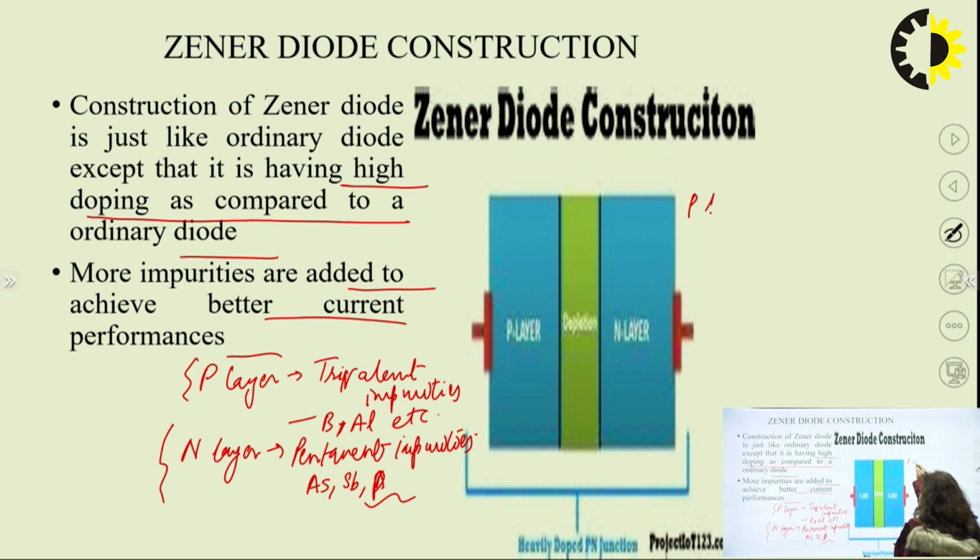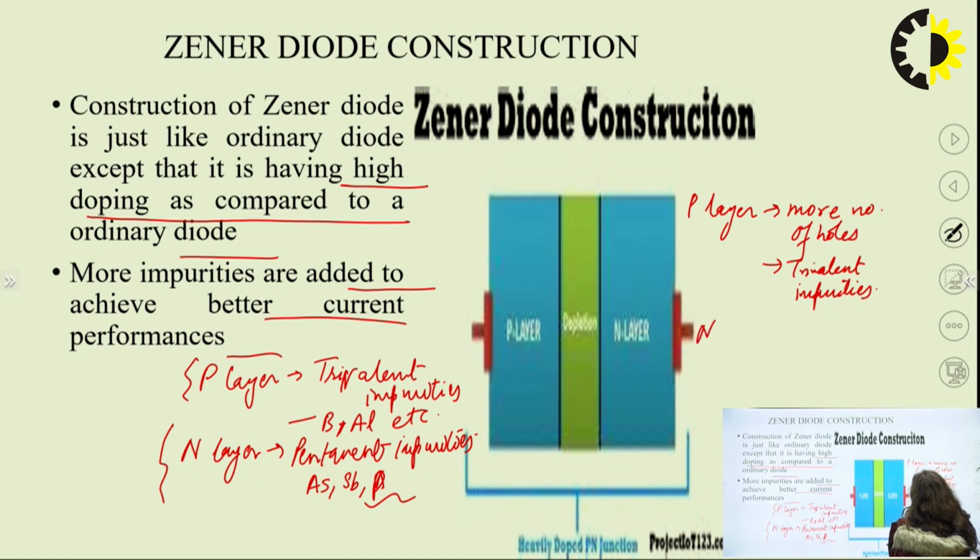So in the P layer, we have more holes, due to trivalent impurities, and in the N layer, we have more electrons, due to pentavalent impurities.